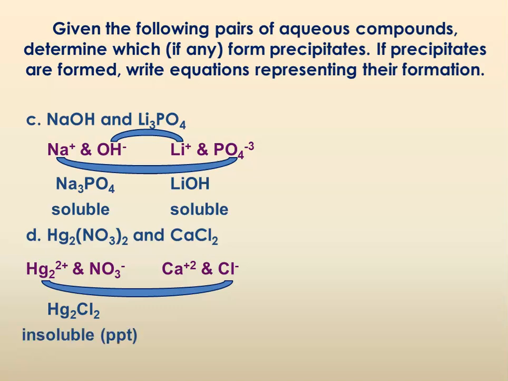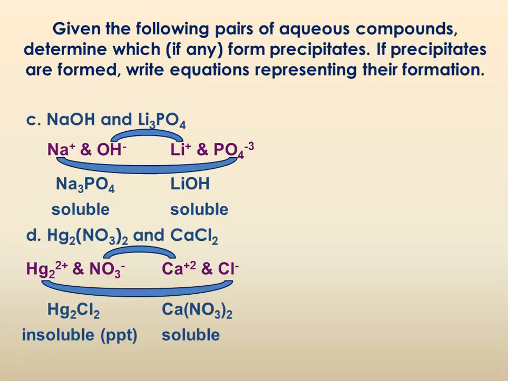And I'm sorry I keep jumping ahead. Chlorides are soluble unless they're paired with lead(II), silver, or mercury(I). Mercury(I) would be one of those exceptions, so that is why you had a precipitate form. With calcium nitrate, all nitrates are always soluble, so no precipitate forms between that new pairing.